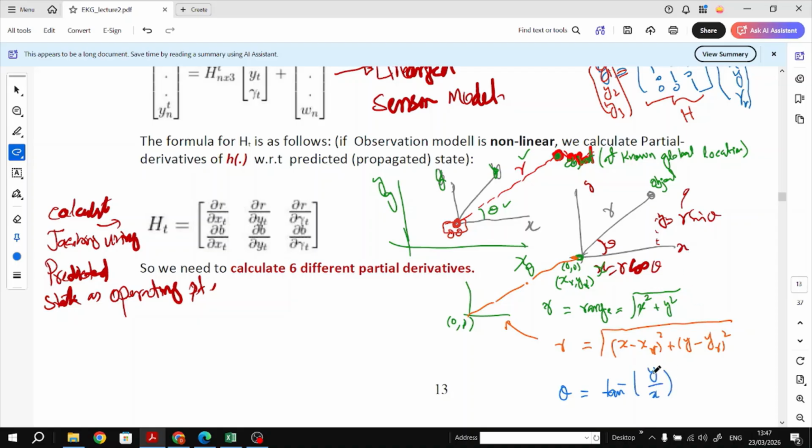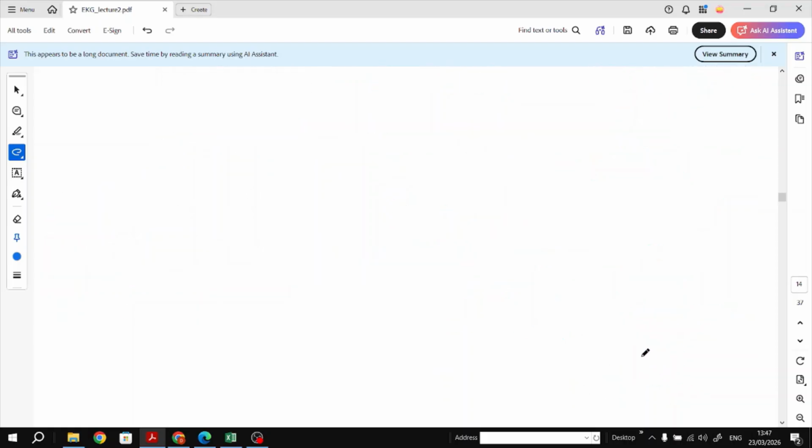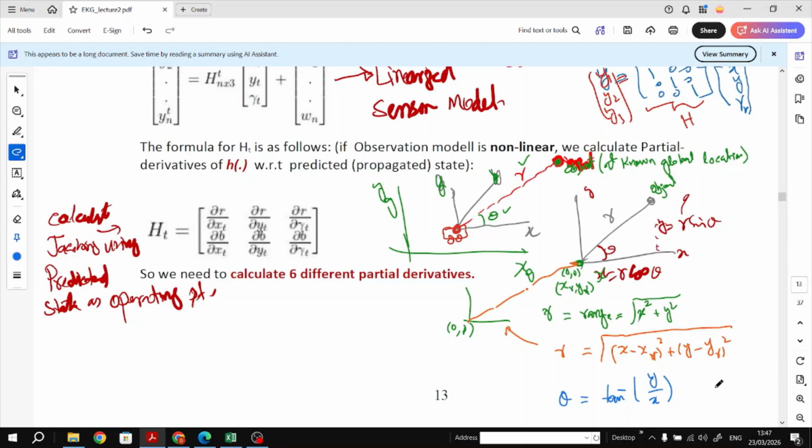So again, if your robot is not coincident with the global frame, this y coordinate will change by y minus yr, and x coordinate will change by x minus xr. So in general, this is valid.